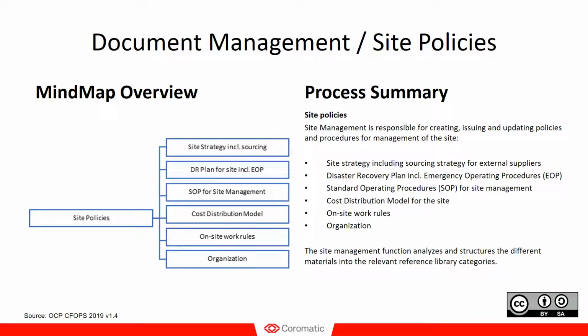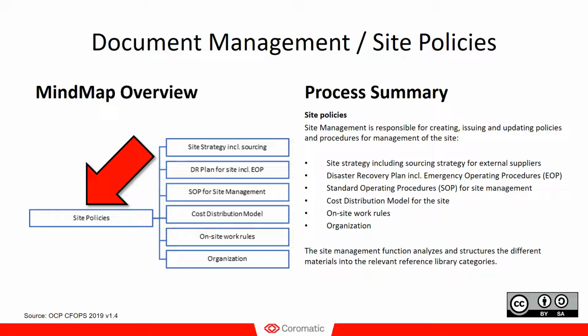If we go into the site policies and look what is contained in there, the first one is the site strategy. What does that mean? Well, that means what is the current site owner's strategy for the site. The life cycle for a critical facility is somewhere between 10 and 30 years typically.